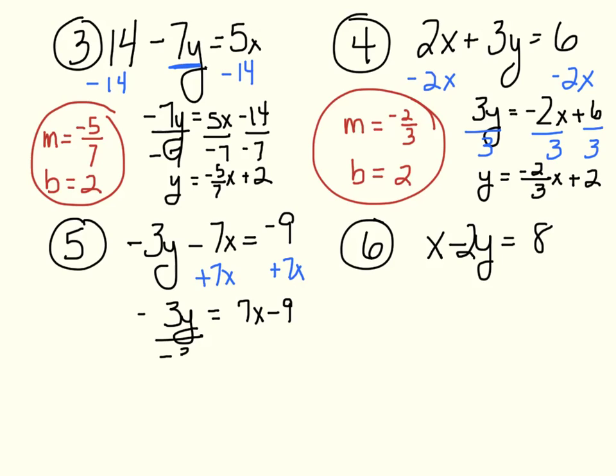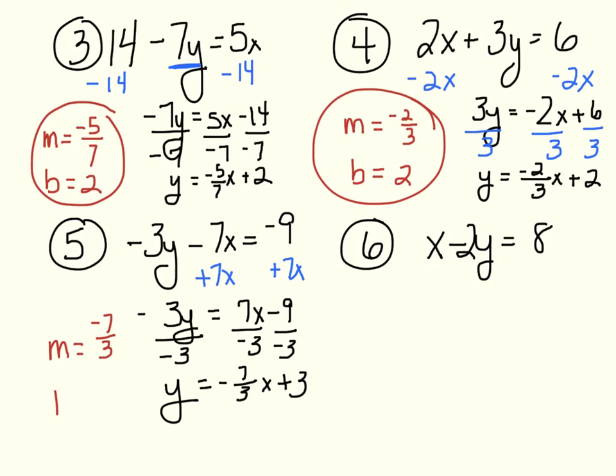I now divide everything by negative 3. 7x divided by negative 3 is negative 7/3 x. Negative 9 divided by negative 3 is positive 3. Therefore, what would your m be? My m is negative 7/3. What's your b? 3.